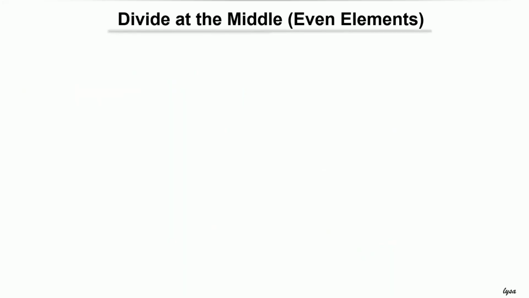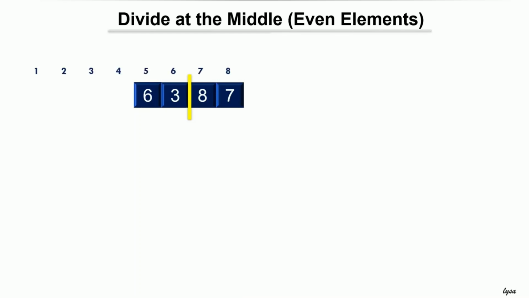You might be wondering why I did not take the mid value as n by 2. I could have just taken 8 by 2 and got the value as 4. But let's take another example. That is, I have the values 6, 3, 8, 7, but the indices are from 5 to 8. That is, the value of the first element is at index 5 and the value of the last element is at index 8.